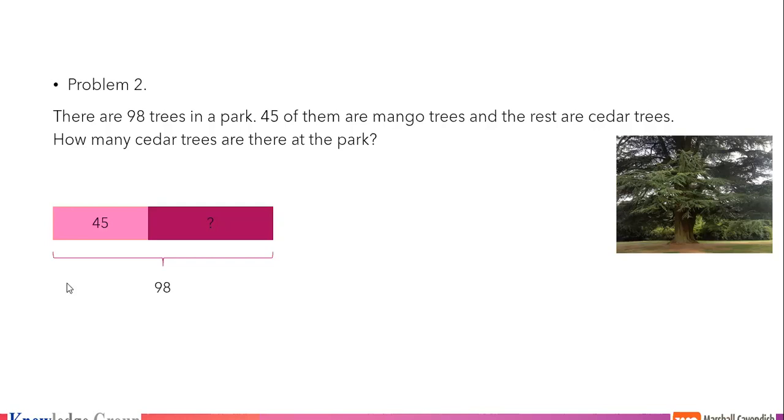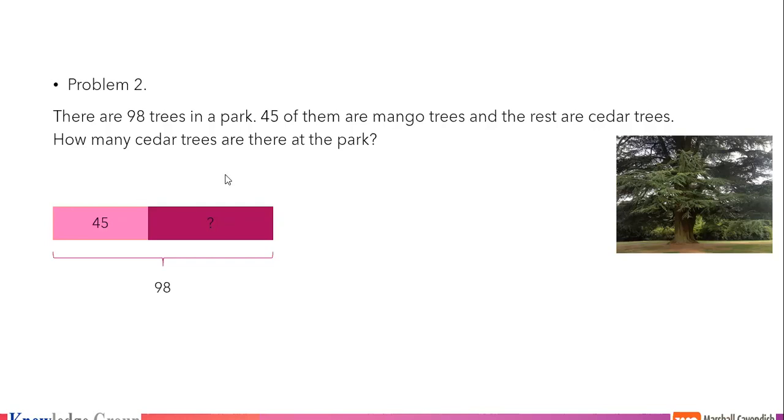I know how many mango trees, but they're asking me how many cedar trees. I know altogether between the mangoes and the cedars, there are 98 trees. And 45 of them are mangoes. And I have to find this other part. I have to find the difference.